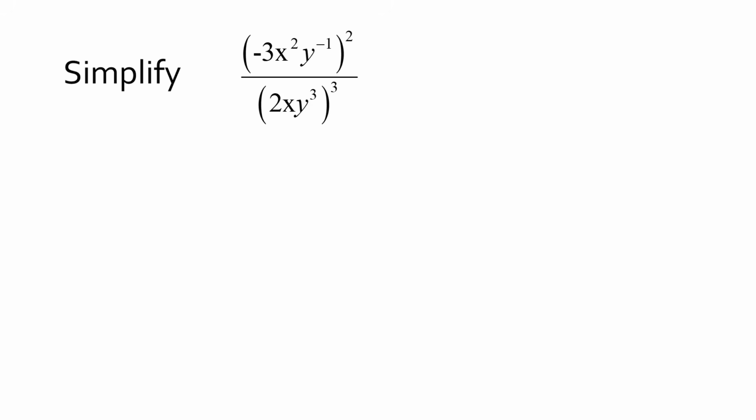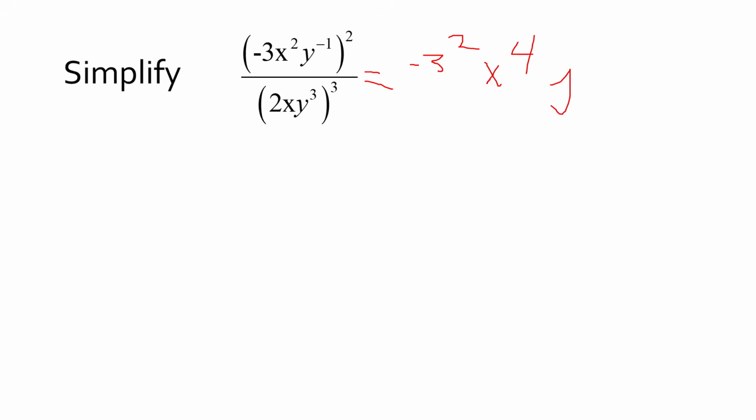Okay. So first things first, we need to get rid of the parentheses. So we have negative 3 squared. Then for x, we have x to the fourth.